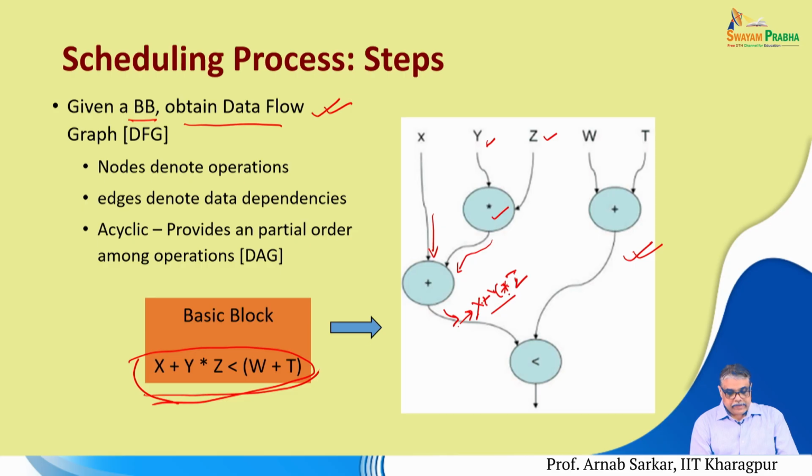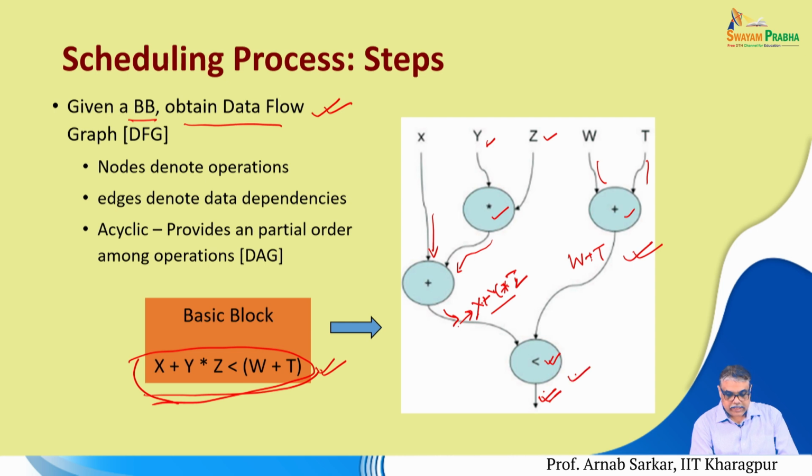And then from the other side we get w plus t, and then we have the less than operation, a comparison operation, and at the output of the comparator we have the truth or falsity for this particular statement. The output will tell me whether this condition is true or false.